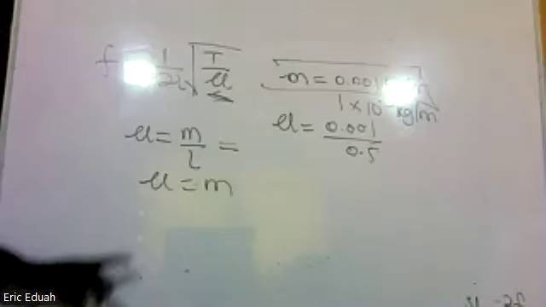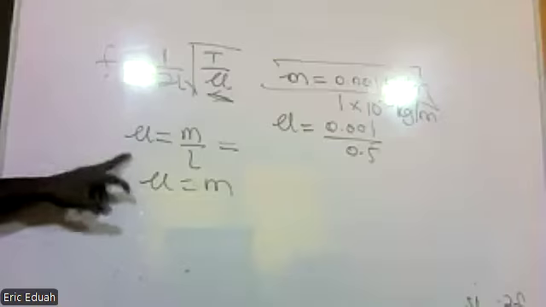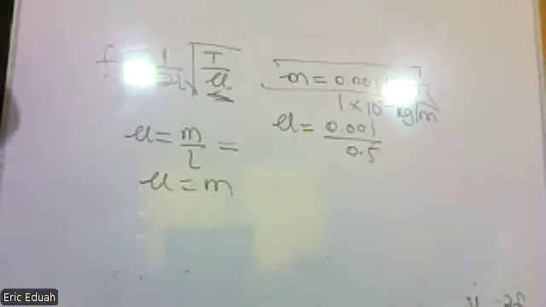So say we assume that mass was 0.001, would the formula be T times L over M or just T over M?